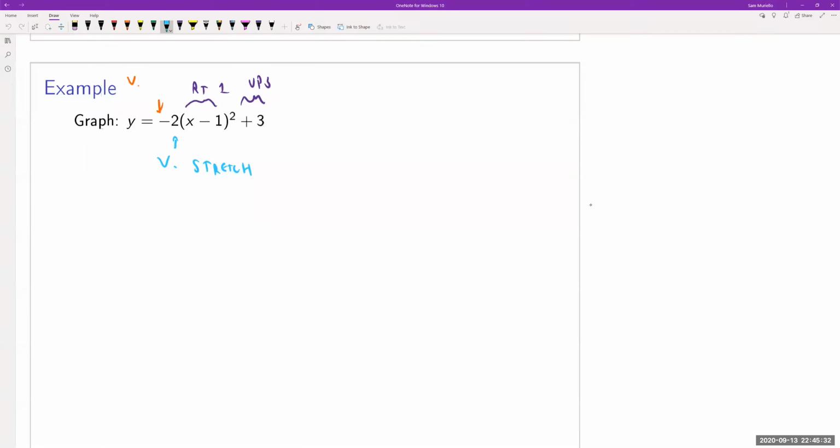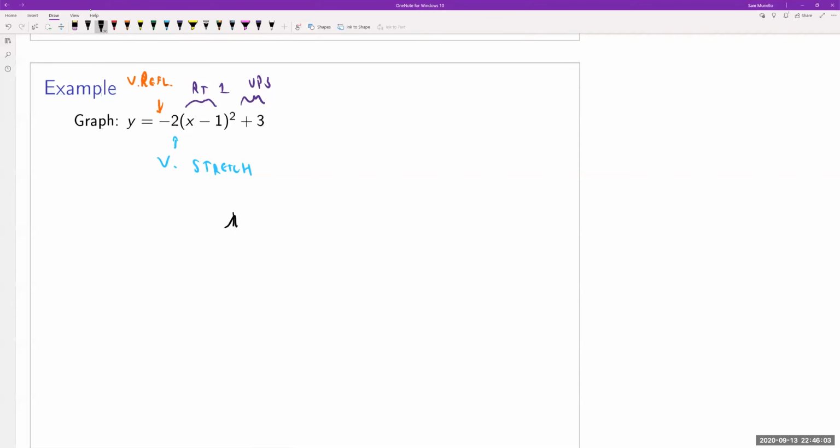If this was the 2 inside, so it was, say, 2x minus 1 all squared, that would be a horizontal shrink. But the fact that the 2 is outside the parentheses means that it's a vertical stretch. The negative represents a vertical reflection. And again, it's the fact that this 2 is outside of the parentheses, not directly with the x, but outside, indicates the fact that it's vertical.